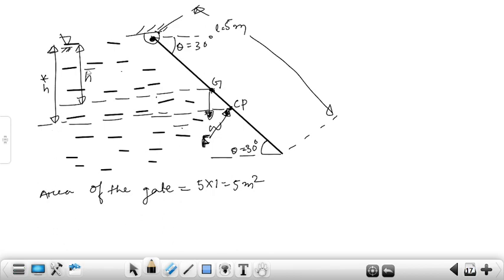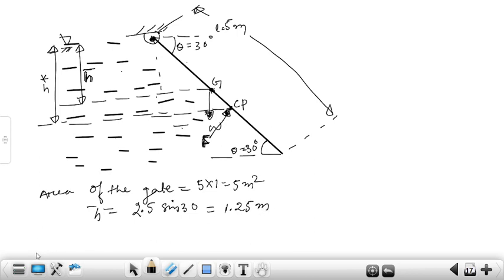Next, we have to find the h bar, where the hydrostatic force is acting. So h bar is equal to, this is 5 meter and the G is exactly mid of the gate, so it is 2.5 meter, and this is theta, so h bar will be 2.5 sin theta, which is equal to 1.25 meter.